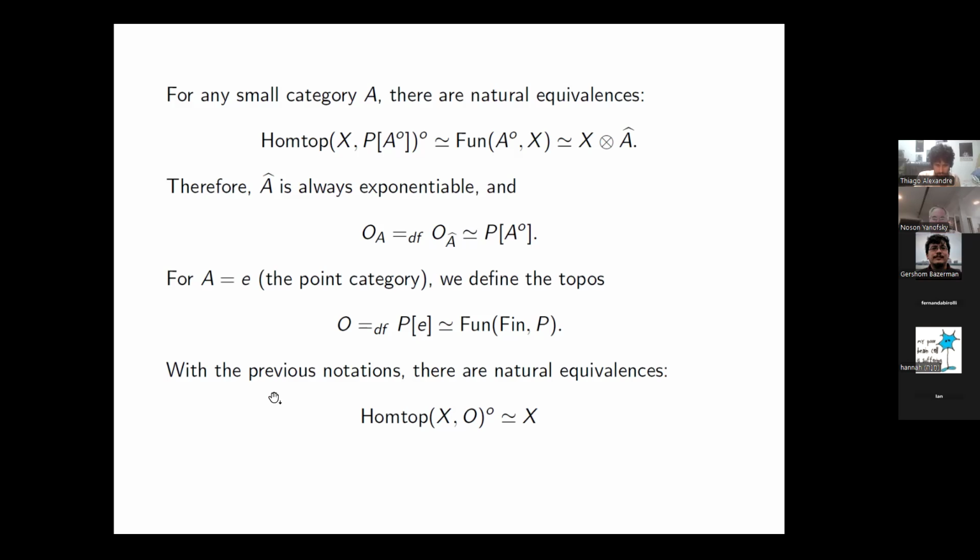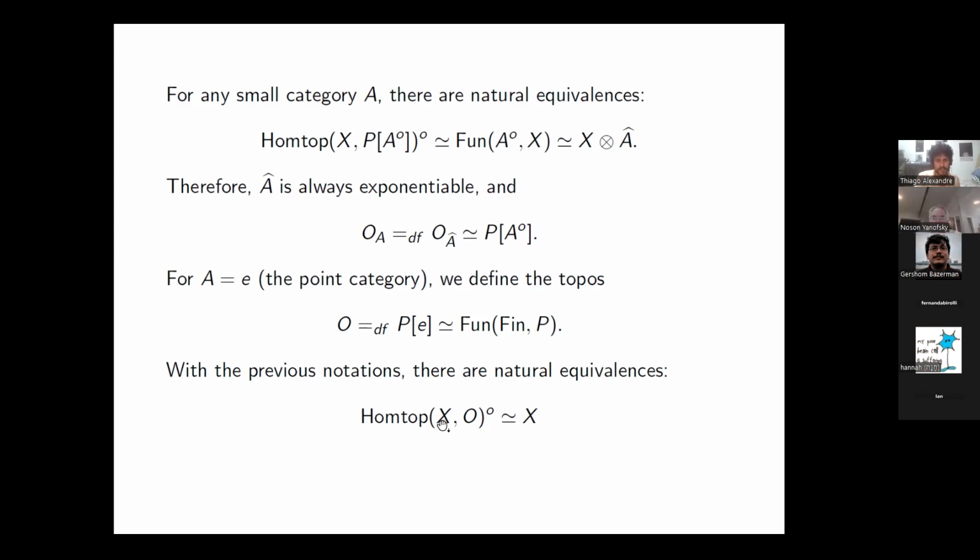So with the previous notations, there are natural equivalences of this form: the category of X is actually equivalent to the category of geometric morphisms from X to O, this topos. So this is the topos classifying the theory of objects, I guess, in some sense.